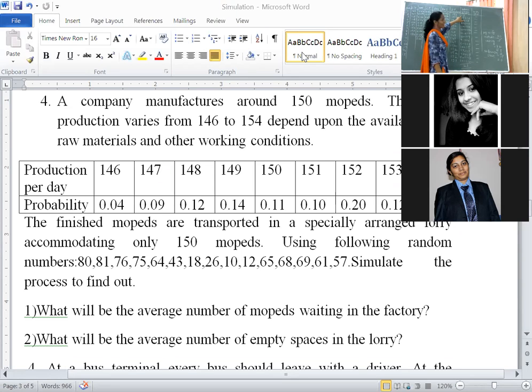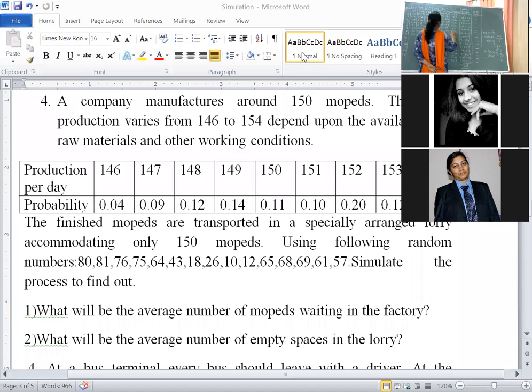That means 3 extra on the first day. Second day also 153, transport only 150, so again 3 remaining. That means cumulation: 3 plus 3 is 6. Third day 2 extra, 6 plus 2 is 8. Fourth day again 2 extra, 8 plus 2 is 10. Fifth day again 2 extra, 12. That means till the fifth day 12 mopeds were extra.